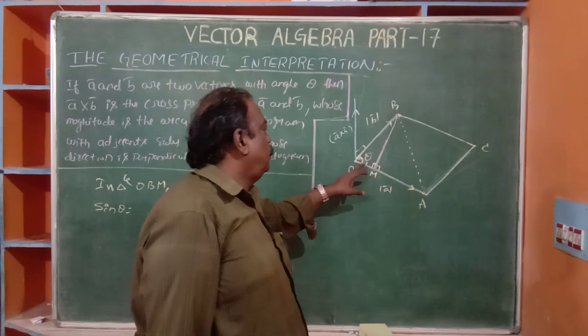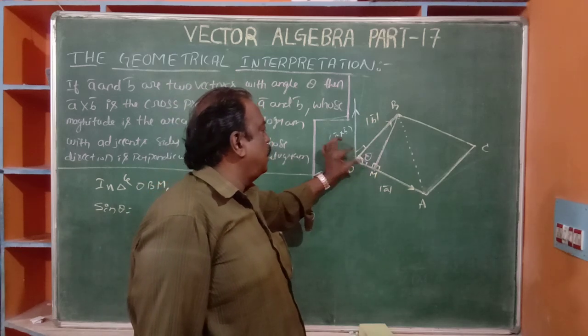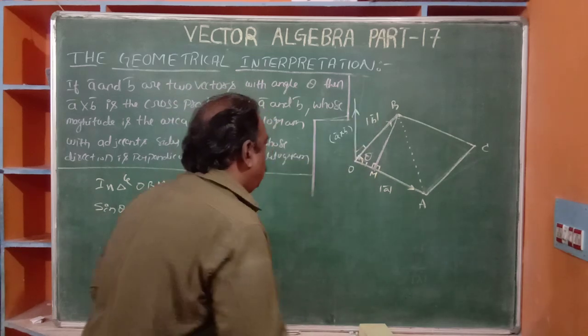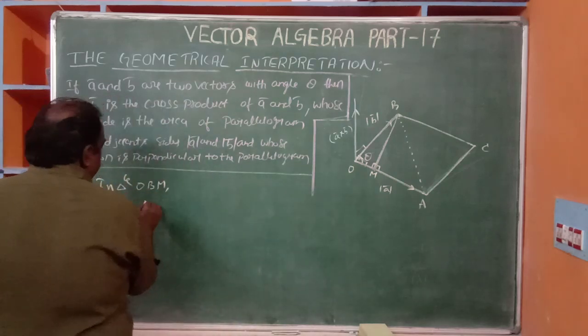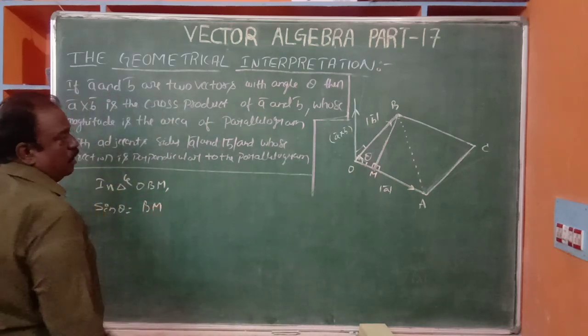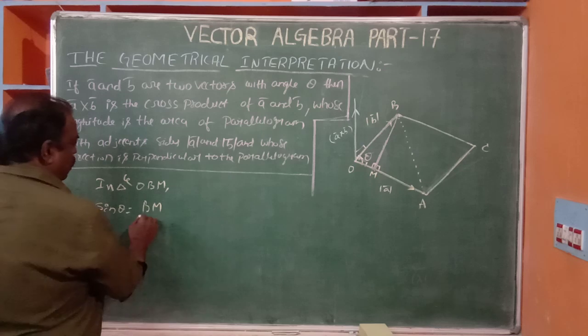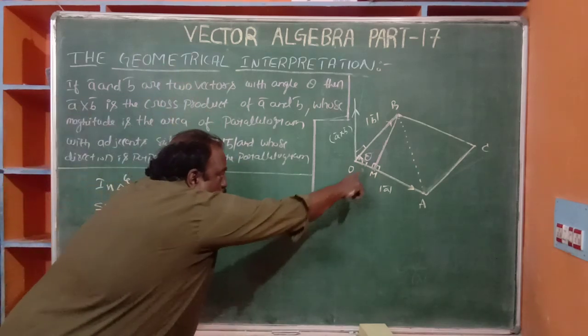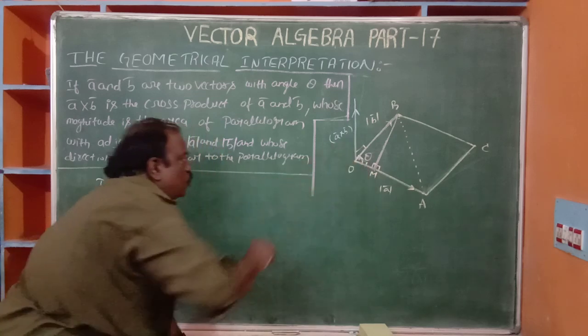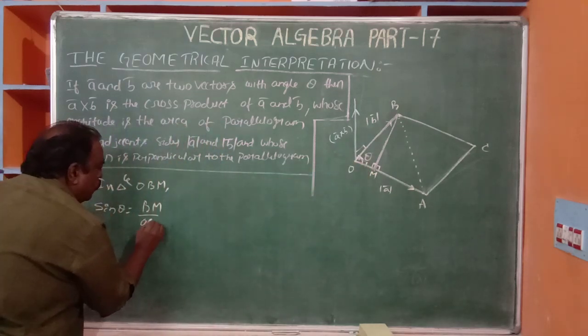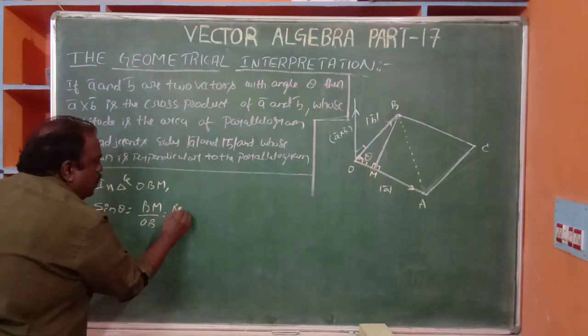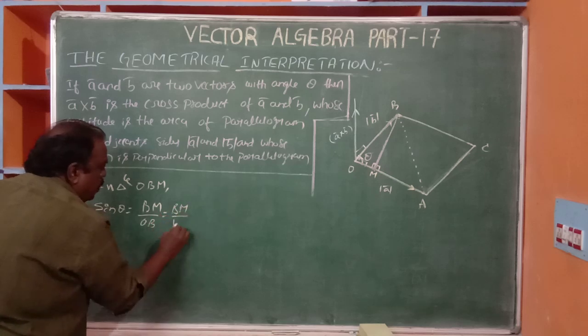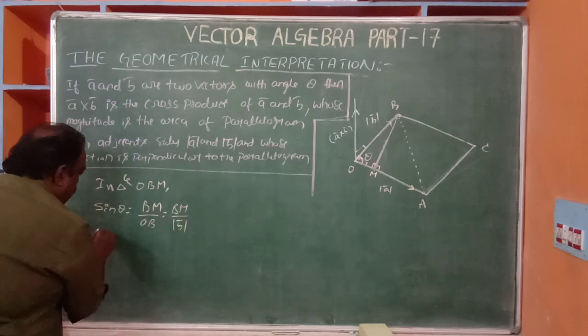For theta, sin theta is the opposite side BM by the hypotenuse, which is opposite to the 90 degrees, that is OB. That is BM by OB, which is mod B bar.